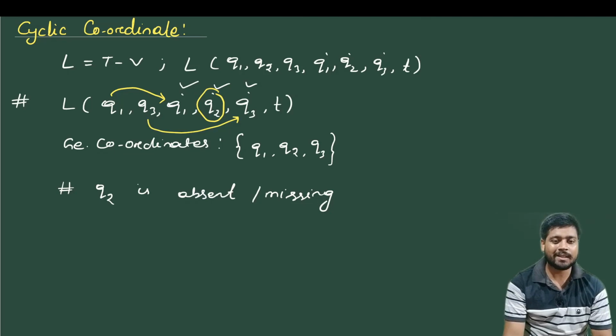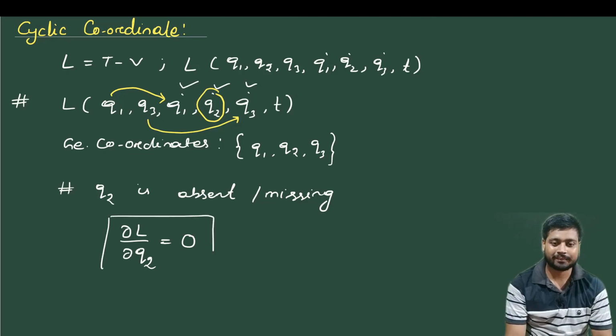We can identify it by partially differentiating the Lagrangian with respect to that missing coordinate, which gives the value 0. As there is no q2 term in the Lagrangian, if we partially differentiate, then we get 0.